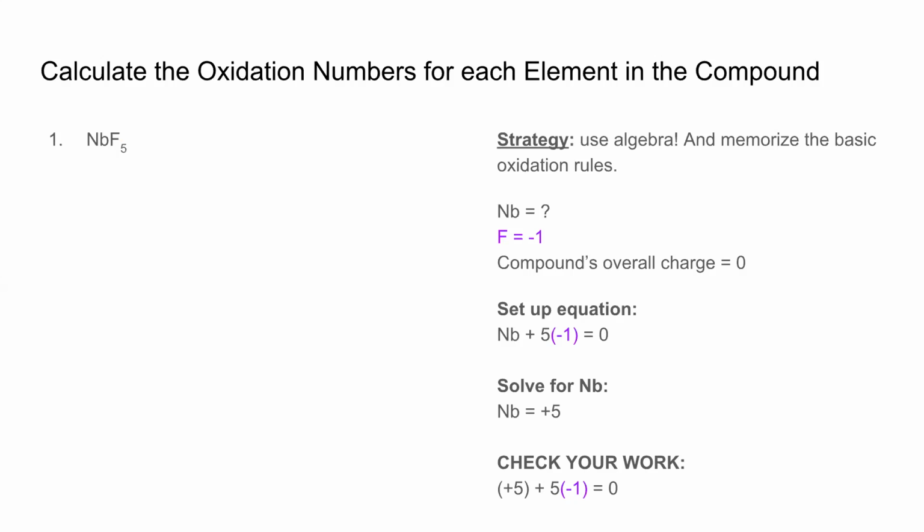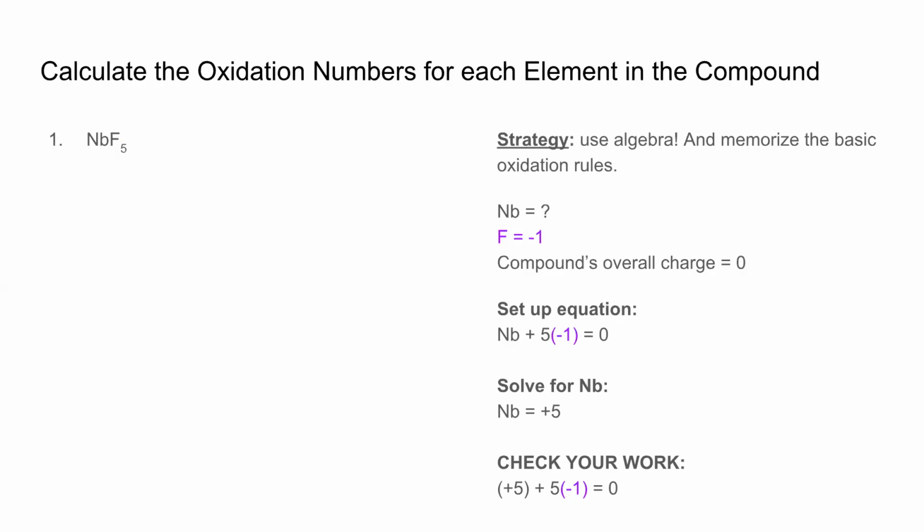Now then, in order to make sure that Nb is +5, you just check your work. So you put back +5 for Nb, you resolve it, and yeah, it checks out for 0.